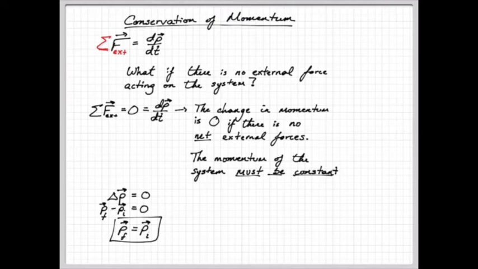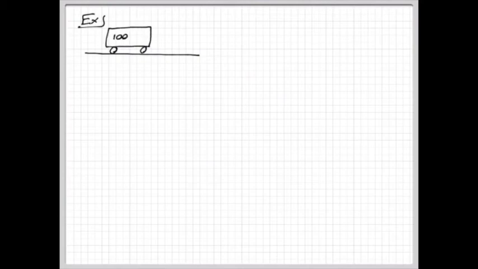Alright, so let's do a quick example with that. Suppose we have a cart moving along level ground. We'll say it's a 1,000 kilogram cart, and it's moving with a speed of 10 meters per second towards the right.